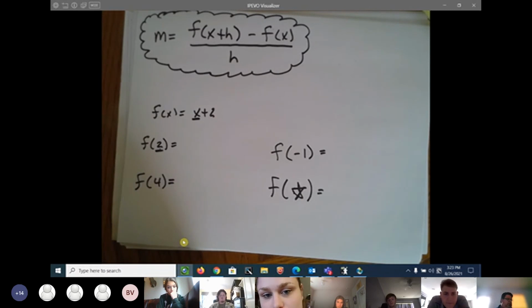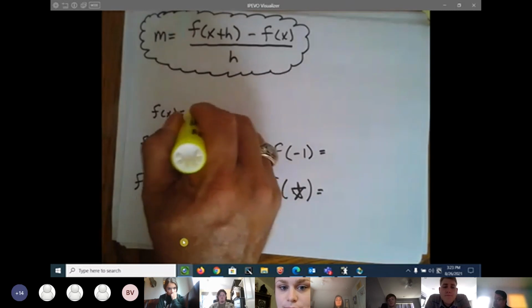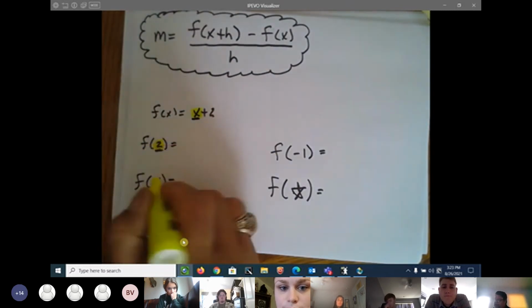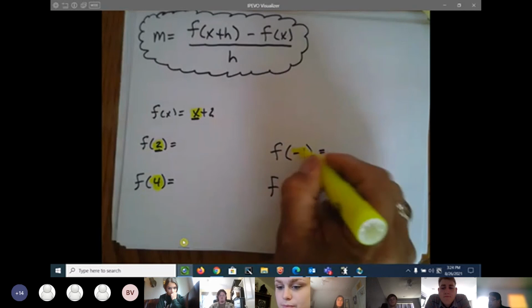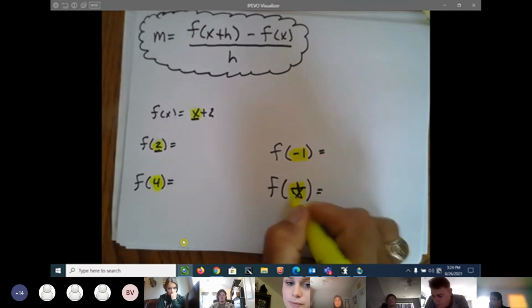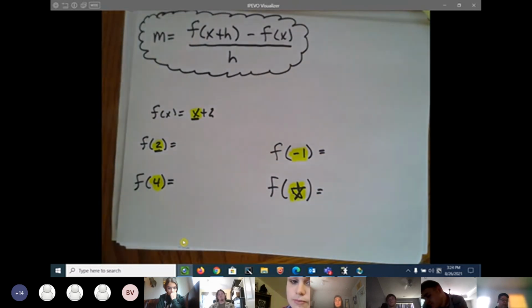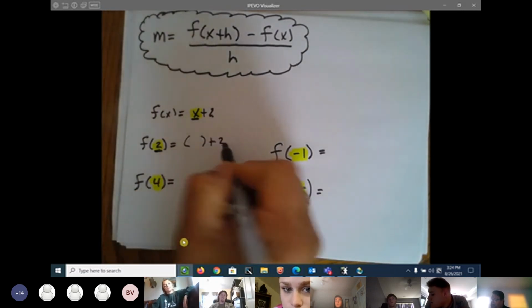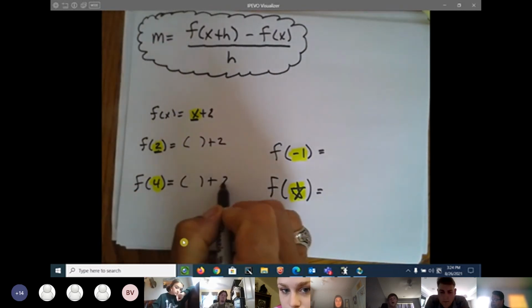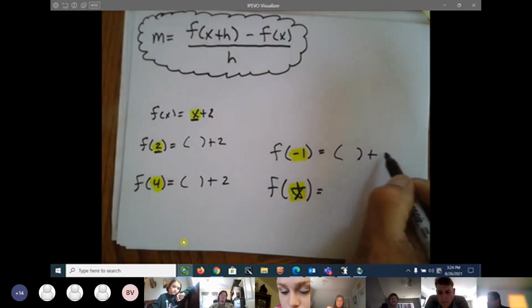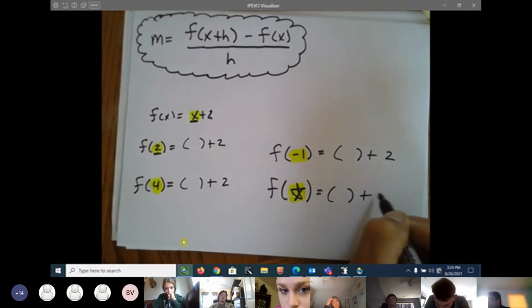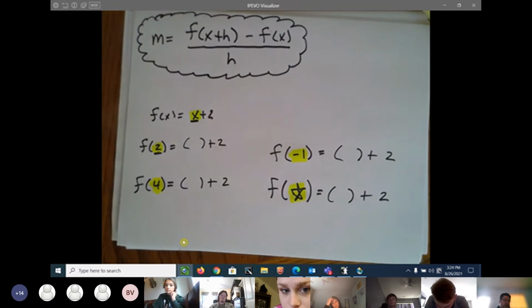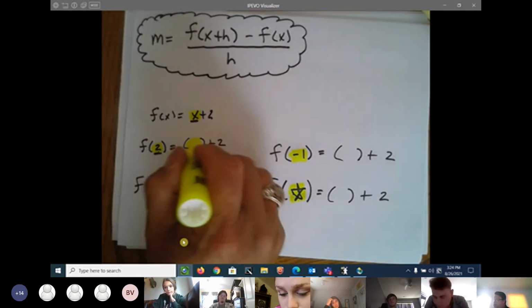So I'm going to take my handy dandy highlighter, and x is going to be replaced by all of these things because they are inside the parentheses. So I'm going to rewrite parentheses plus 2, four times, and I'm going to put yellow highlighter here.